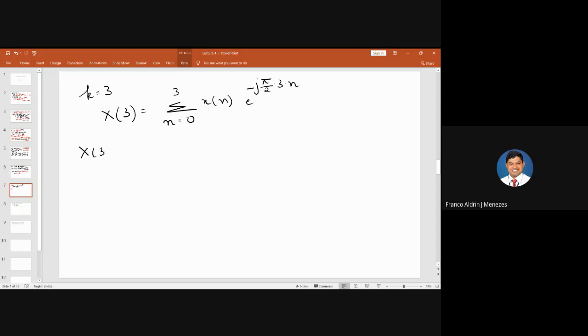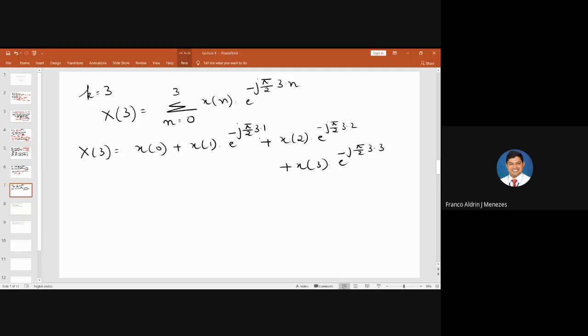So x of 3 will be equal to x of 0 plus x of 1 times e to the power of minus j pi by 2, 3 into 1, plus x of 2 e to the power of minus j pi by 2, 3 into 2, plus x of 3 times e to the power of minus j pi by 2, 3 into 3.